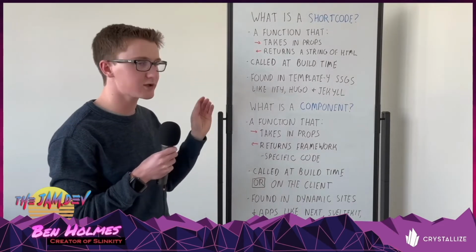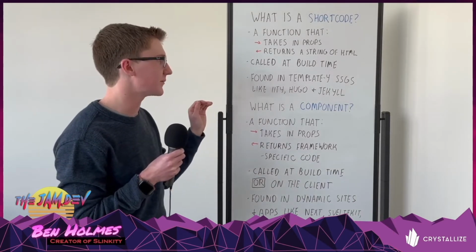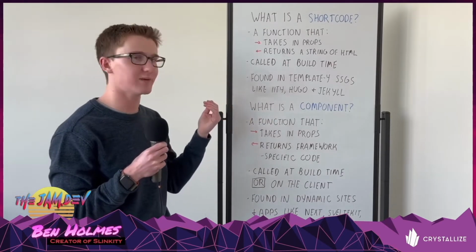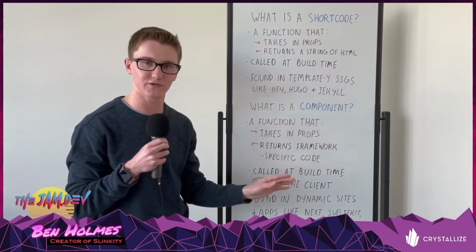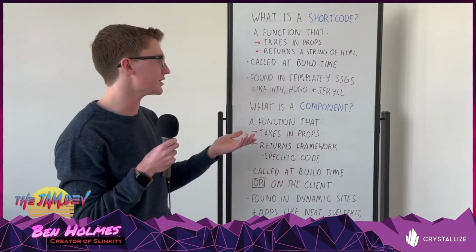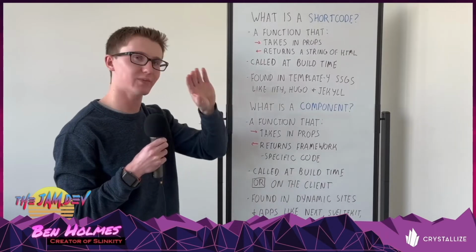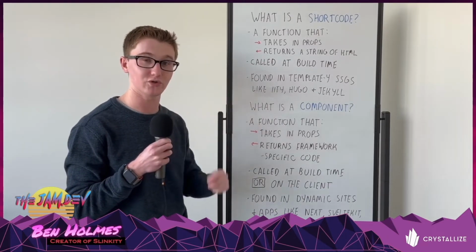But the beauty of a shortcode is that it's just a string of HTML. So if we invented, say, an image shortcode, we could solve image optimization across all of those frameworks, as long as they can set inner HTML, then we're good to go. So this talk is going to be about how we can empower shortcodes to enable your dream codes.